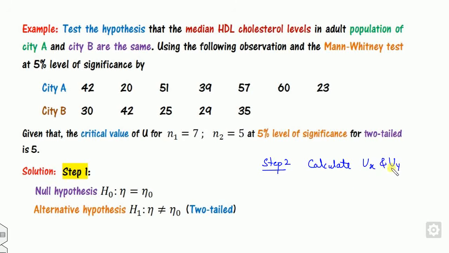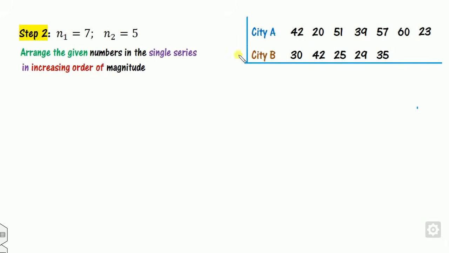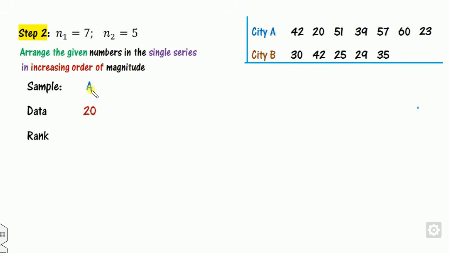In order to find Ux and Uy, we first need Tx and Ty. How do you find Tx? We rank these numbers. We arrange the numbers in ascending order. The smallest number here is 20, from a, so I write 20a.